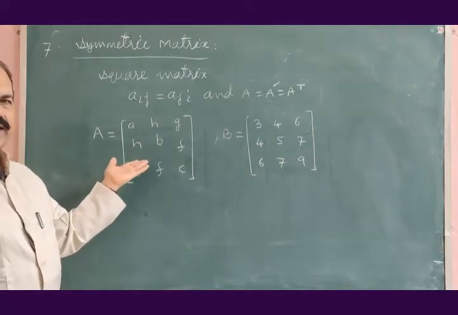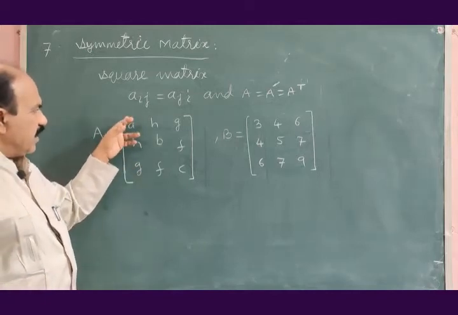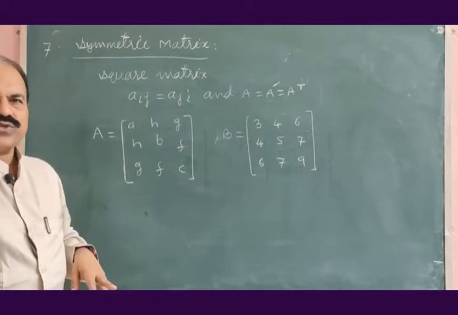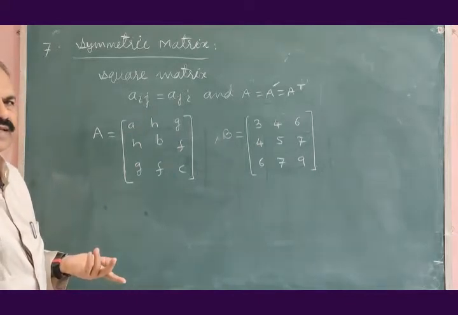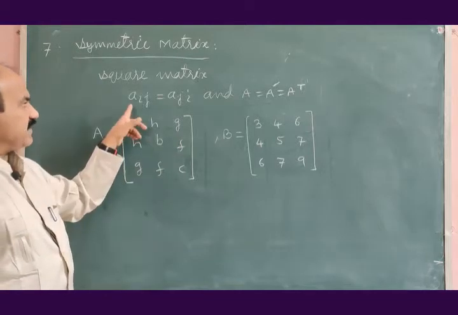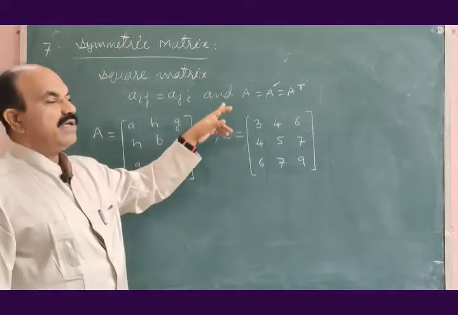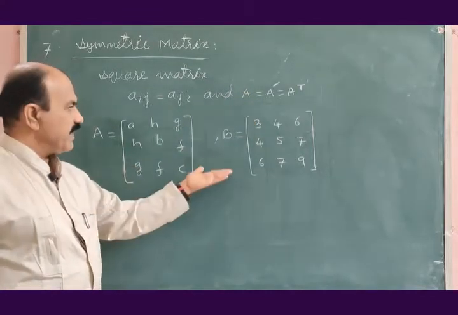If we take transpose of this, all the columns will be replaced by rows, or rows will be replaced by columns, and we will find that Aij is equal to Aji, or A is equal to A prime or At.